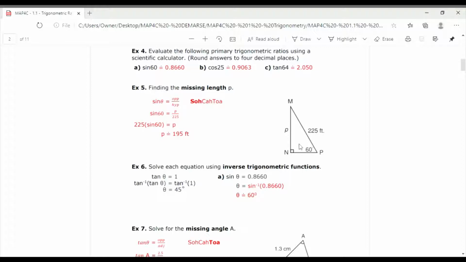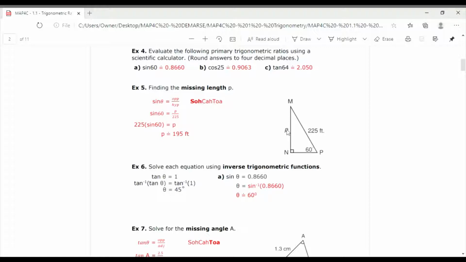The first thing to decide is which trig ratio to use, sine, cos, or tan. Now from angle P's perspective, I have information on the hypotenuse, and I need to find the opposite side, because p would be opposite of angle P, that's 60 degrees. So I'm working with the hypotenuse and the opposite.